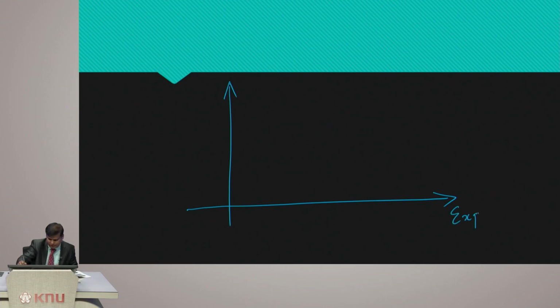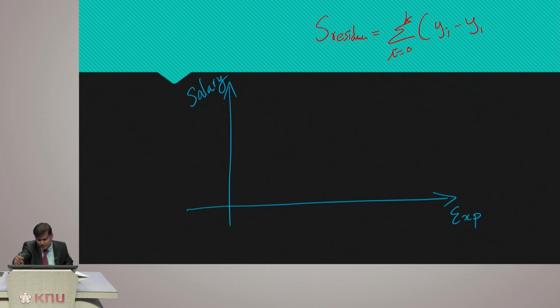So we will consider more about this information. Let's consider the same example, experience and salary. And you know that sum of residuals is the summation i equals 0 to k, yi minus yi prime the whole square, and we do the whole square because at times you do get negative values.